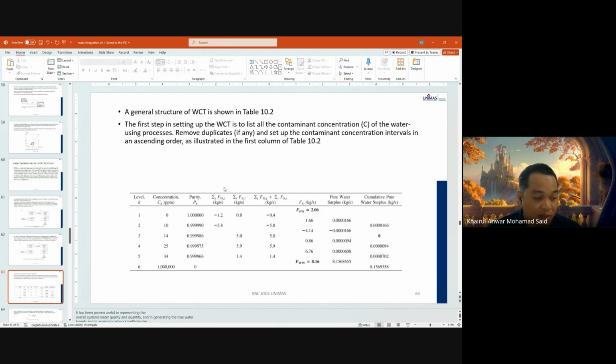This represents the water capacity to absorb the contaminant. Identifying the true pinch, in our first iteration we may see a negative water surplus, which I already explained. This is impossible. We cannot have a cumulative pure water surplus with a negative value. So you find the highest value, then use that value as the baseline for how much freshwater should be added into this process.